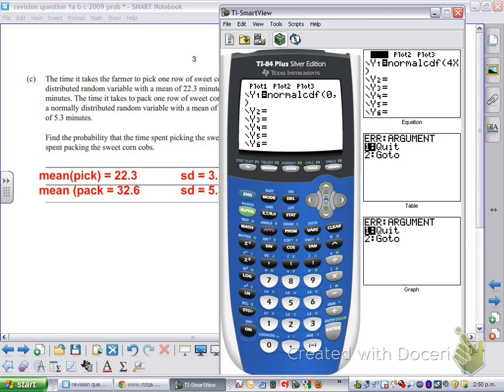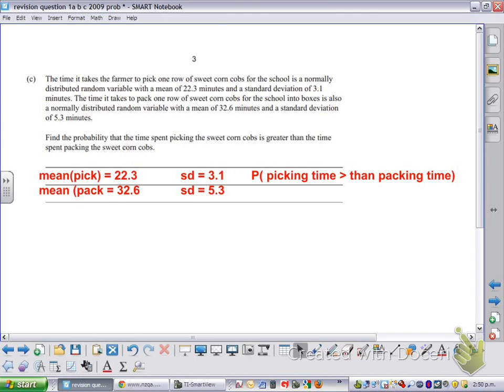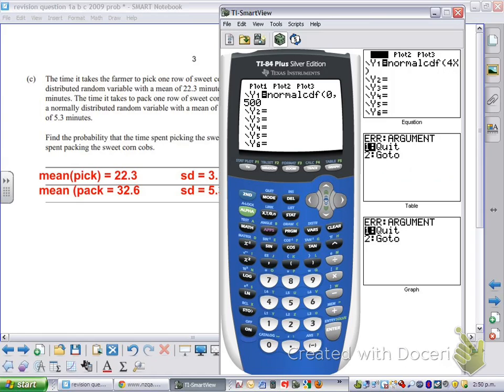We've only got in the 20s and so on, so you're not going to need to have an outrageously big number, but you could use, say, 500. And then comma. And then our mean is negative 10.3, and our standard deviation is 6.14.